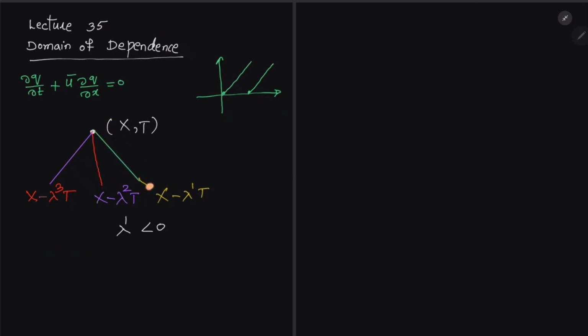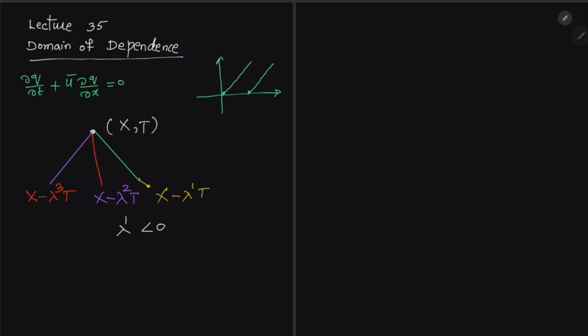So whatever value we have over here, for example 2, then this 2 will be transported on this characteristic to reach the point. If this point has value 3, then this 3 will reach point P, which is xt. Similarly, if this has value, for example, 10, then this 10 will travel on the characteristic and reach xt.